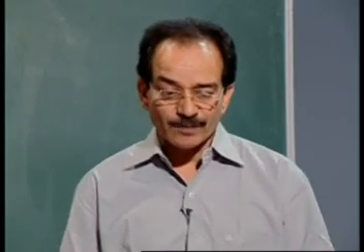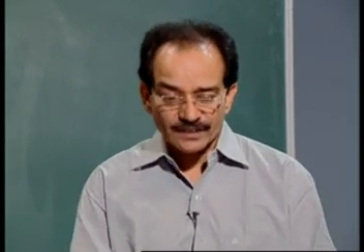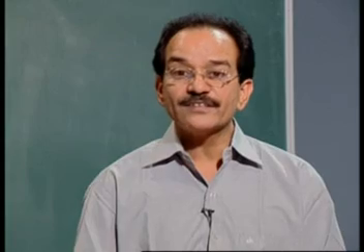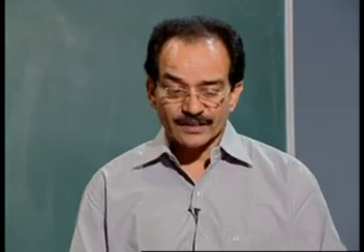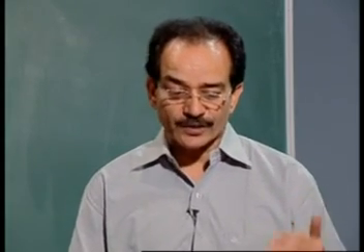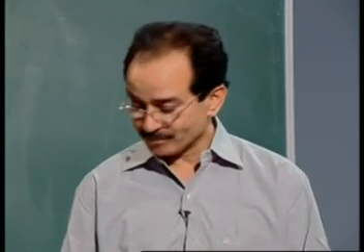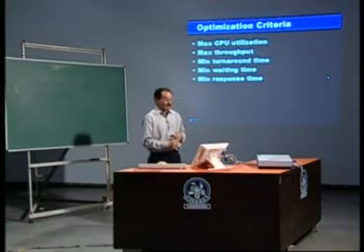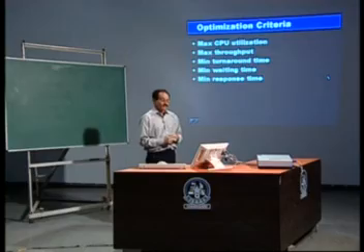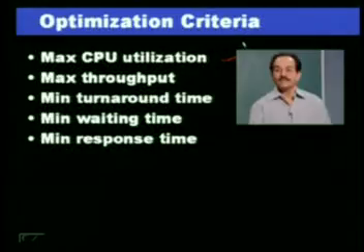Now, these are some of the criteria based on which we would like to go for CPU scheduling: CPU utilization, throughput, turnaround time, waiting time and the response time. Now, what is my optimization criteria? I must be able to maximize the CPU utilization.